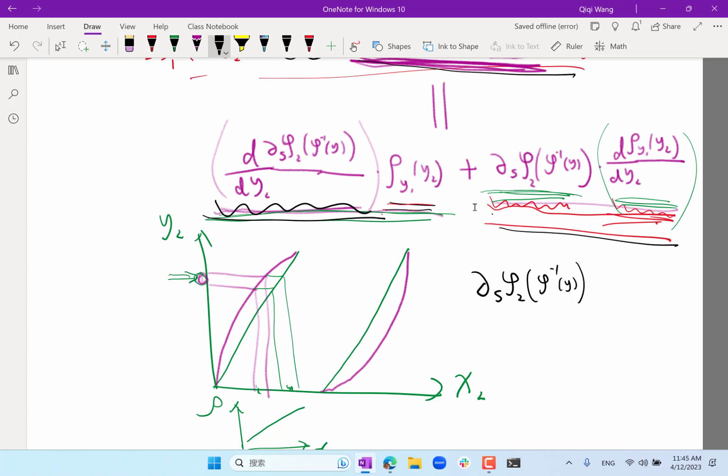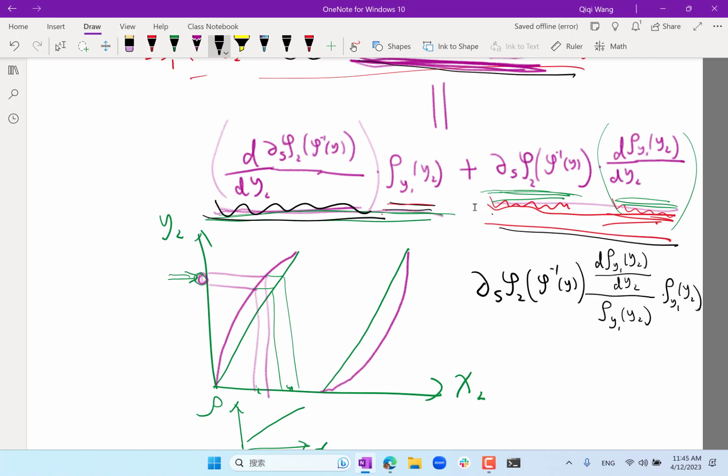Okay, and we are going to write down the ratio of the derivative divided by the conditional density itself, and then multiply by the conditional density.